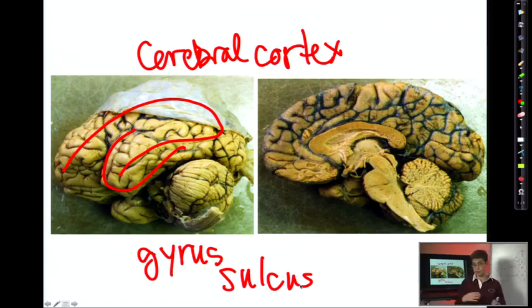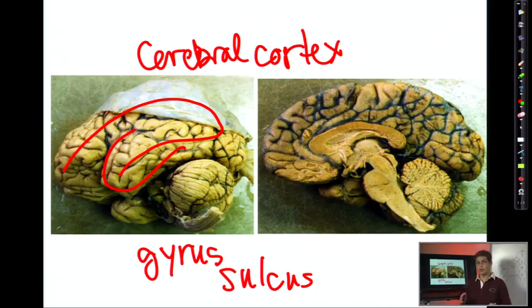Gyrus and sulcus are the singulars, gyri and sulci are the plurals. This invagination allows for even more territory for the cerebral cortex. And the cerebral cortex is what allows us to be unbelievably fancy in the different types of behaviors and motivations and thoughts and emotions that we can have.